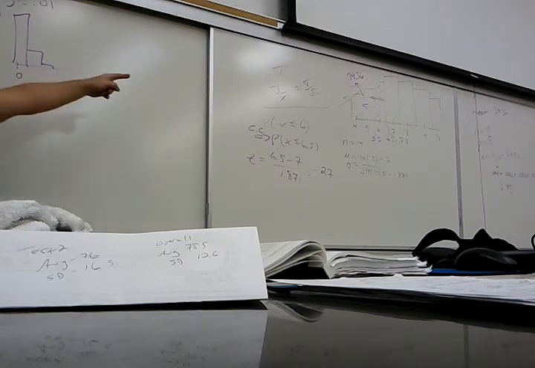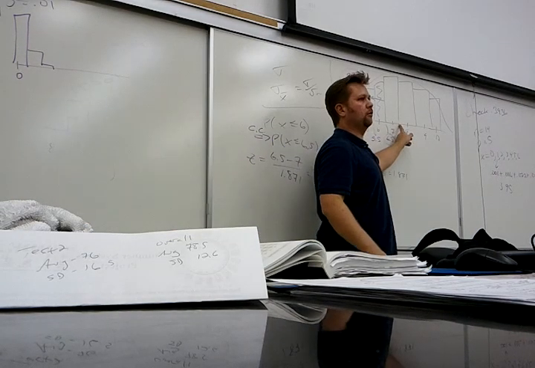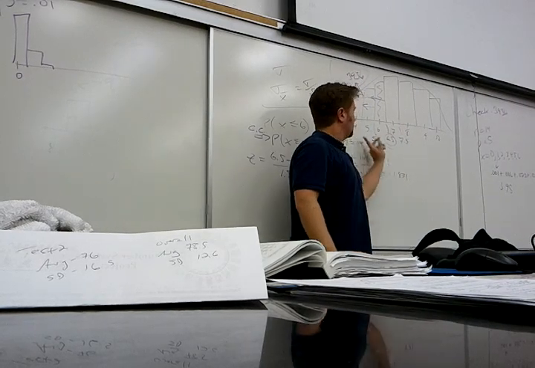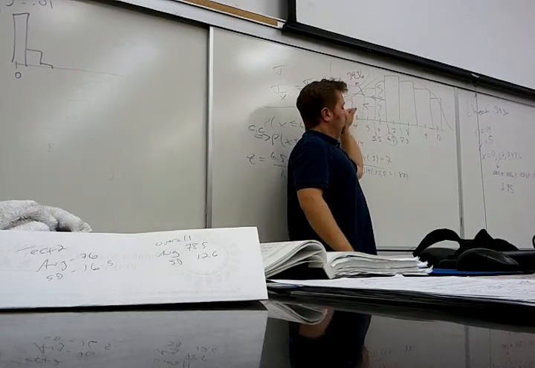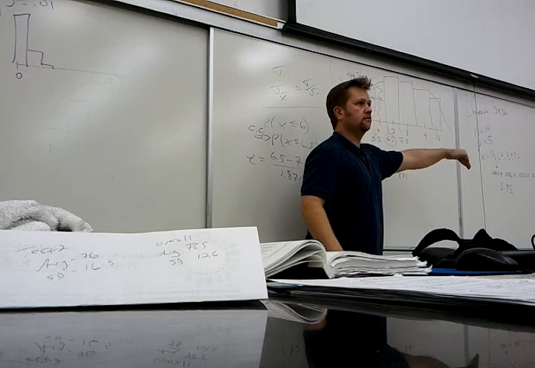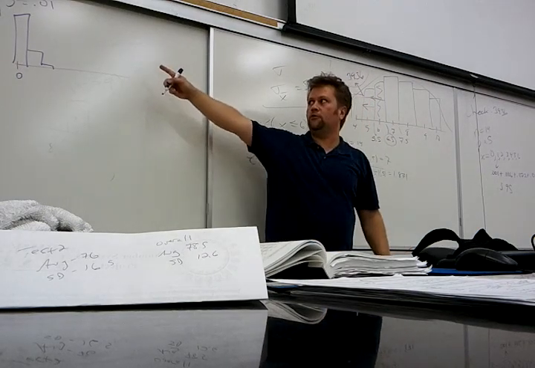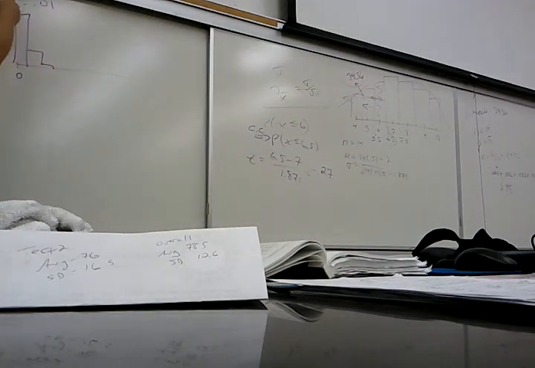Why is that all it can do? Why did this have a chance to be normal? What's its mean? 7. So it had room to go up and come down. What would this guy's mean be? How'd you get the mean for an NPQ problem? What's the formula? NP.